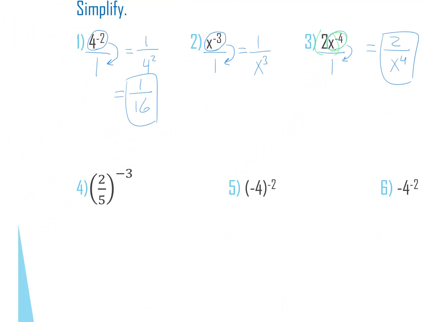All right. Something like this one, there are a couple of different things that you could do. If your base is a fraction, what I typically will do is switch the top and the bottom, and change the sign of the exponent. So this is going to become 5 over 2 to the positive 3. And you can still use the rule that we talked about in the previous lesson. Distribute that exponent to the top and the bottom, so it's going to be 5 to the 3rd over 2 to the 3rd, so 125 over 8.